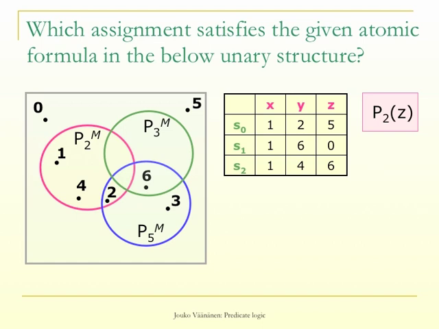The table shows that the value of Z is 5 or 0 or 6. And then we should contemplate whether this element is in P2. The picture shows that 5 is not, 0 is not in P2M, and 6 is not in P2M.